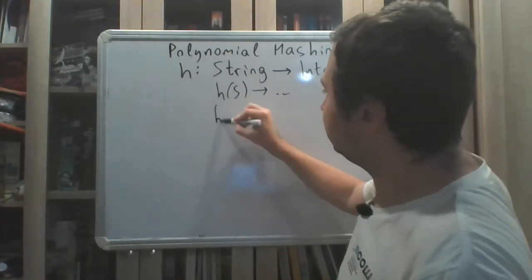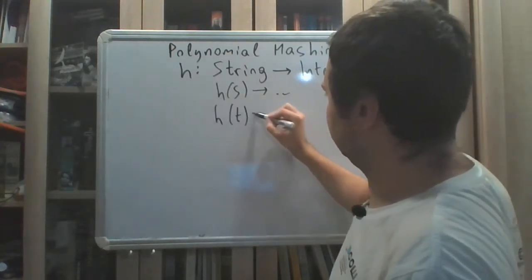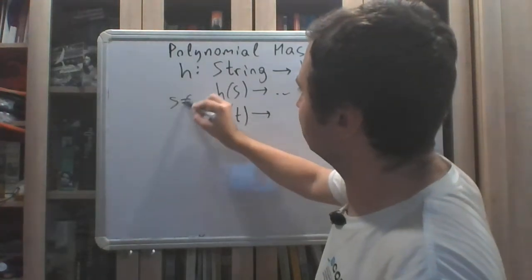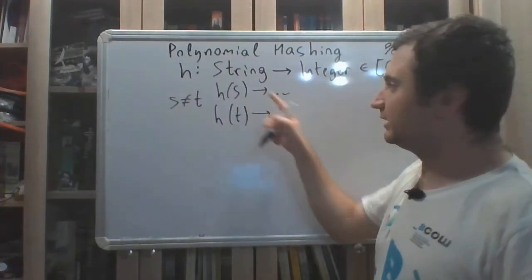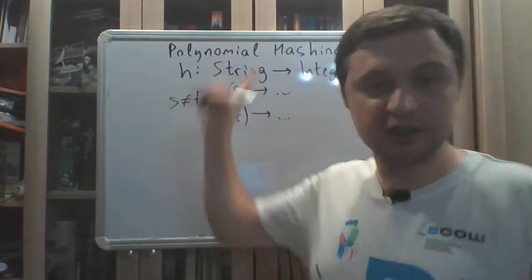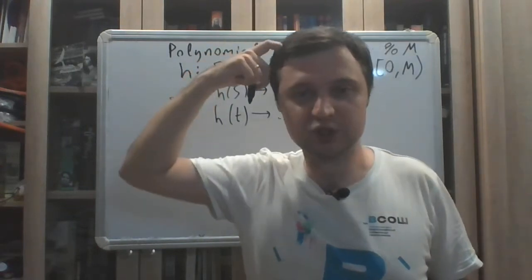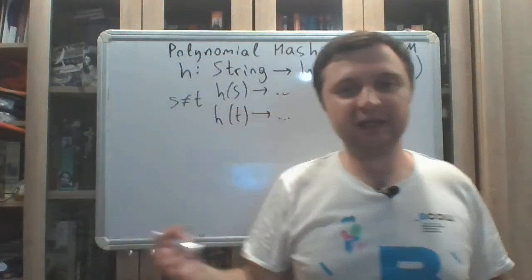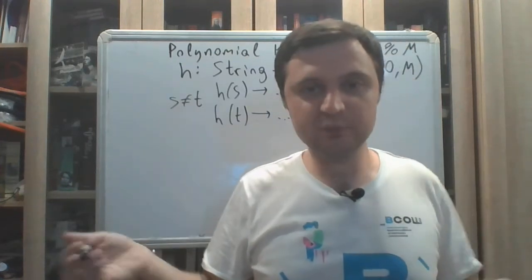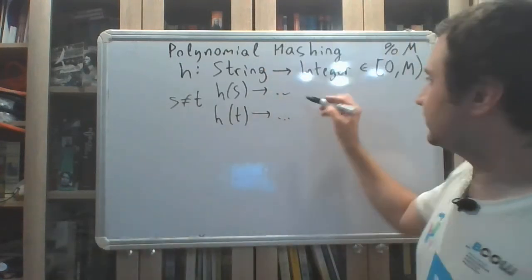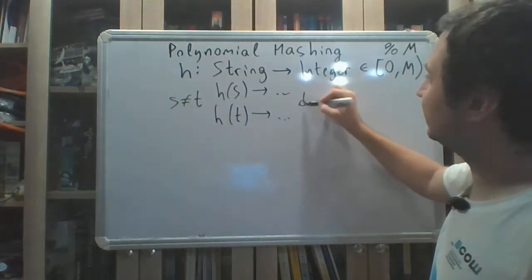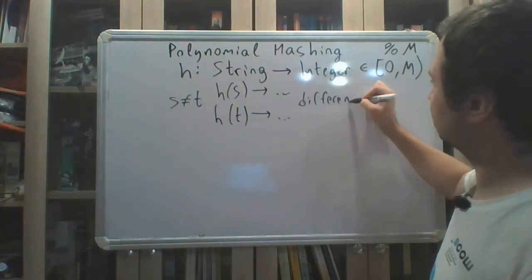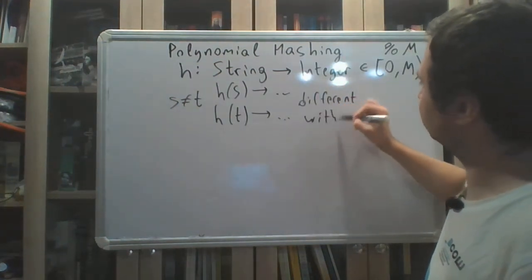But what if t is a different string? So for s unequal to t, we want the hashes, and not only in this topic, the polynomial hashing, in any hashing algorithm, in any applying of hashing in computer science, you want this to be, let's say, different with high probability.